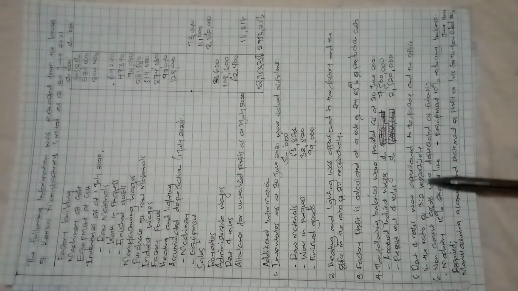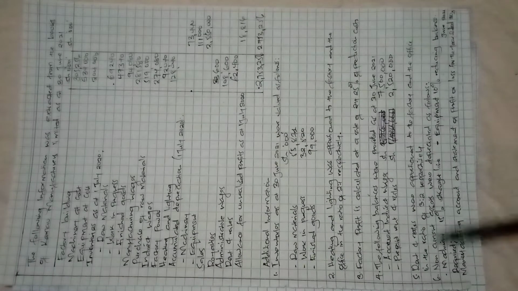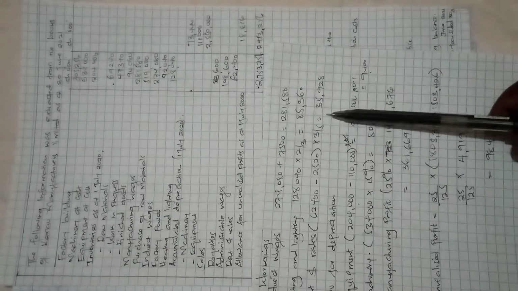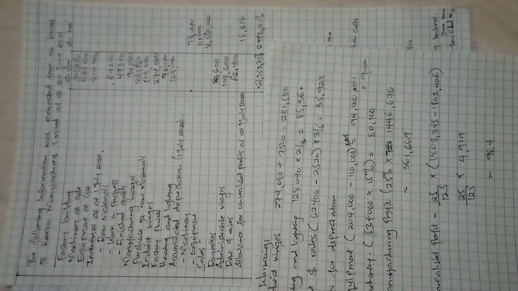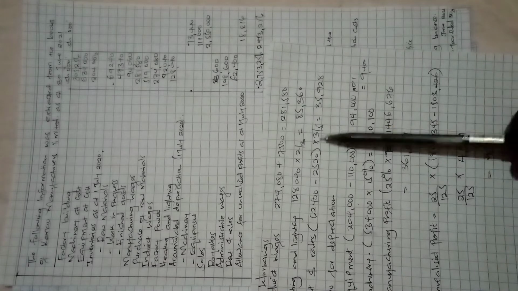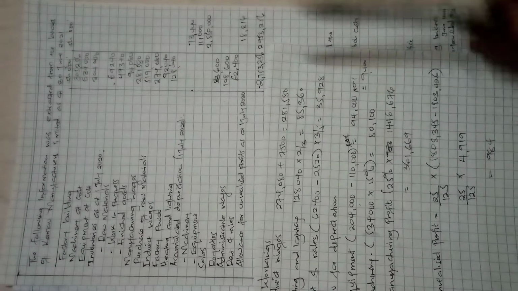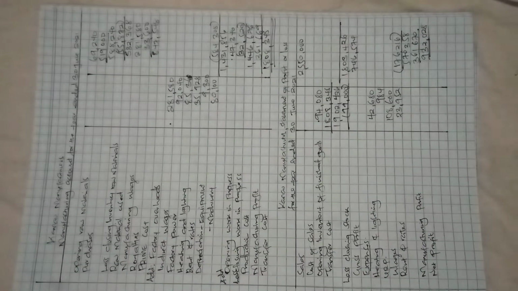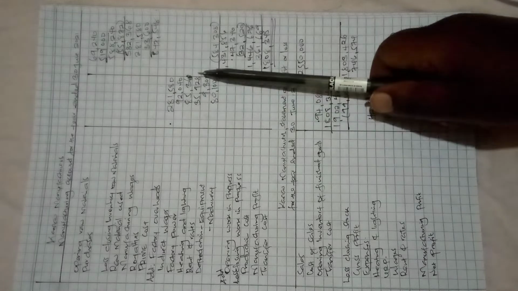Rent and rates were apportioned to the factory and the office in the ratio of 3:2 respectively. So 3 plus 2, you get 5. The 3 parts, 3/5, is what is going to the factory. So 3/5 of what you got here, you get 5,928. And that's what you'll have here. When you look at our solution, you have that 5,928.